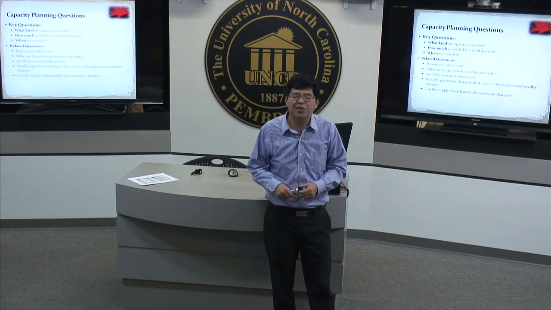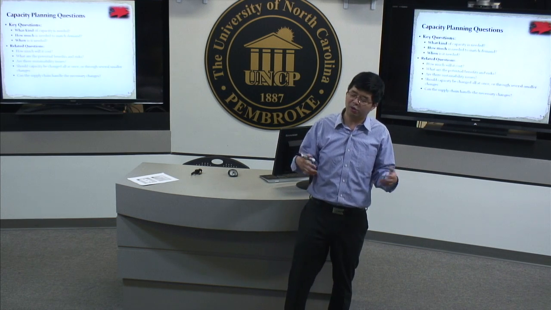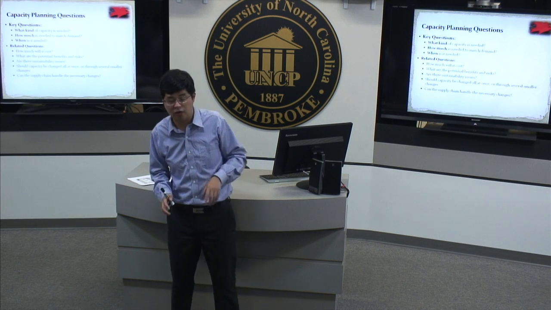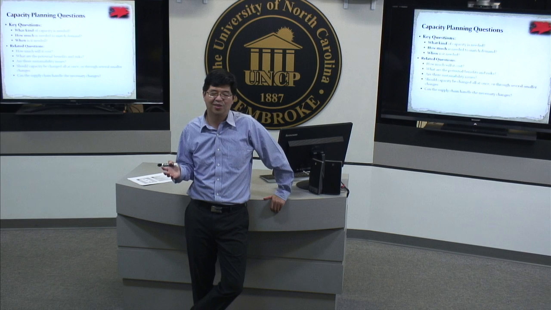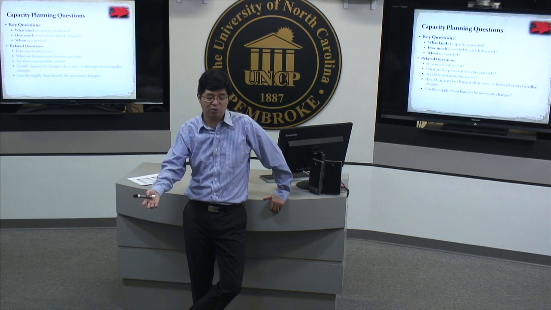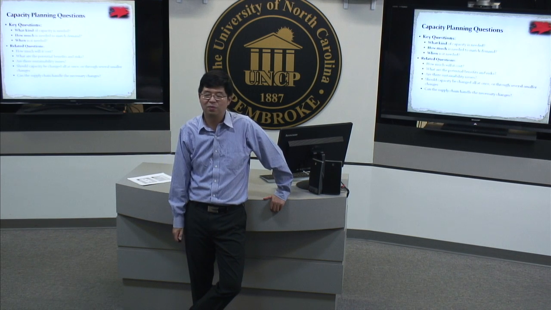But it's not the same ratio for each part. For example, faculty. If you increase 25% students, do you think we need a 25% faculty increase or not? If we have 25% more students, do we need 25% more faculty?